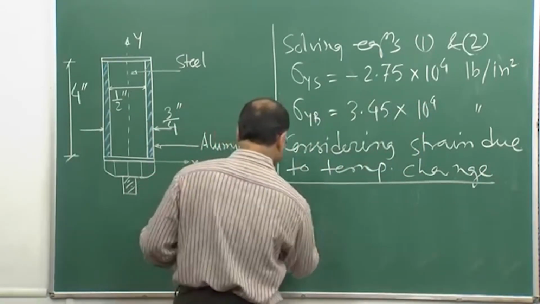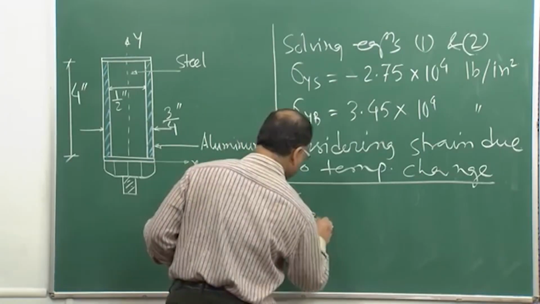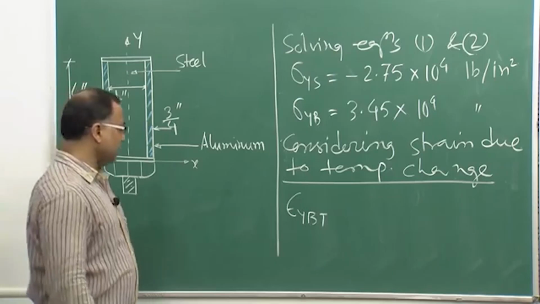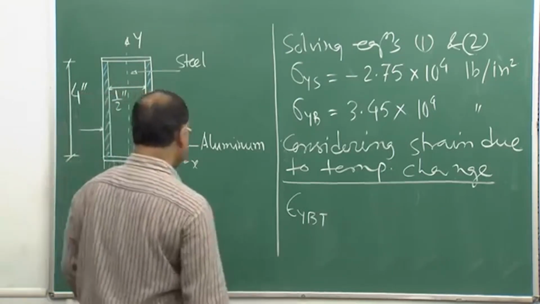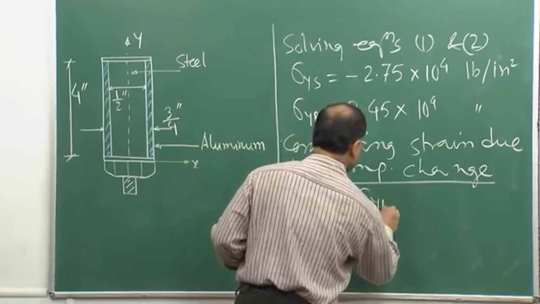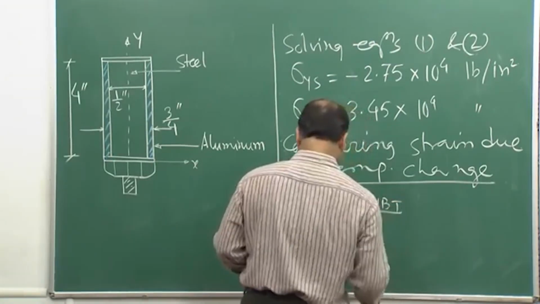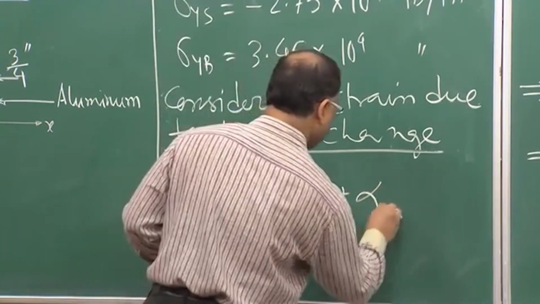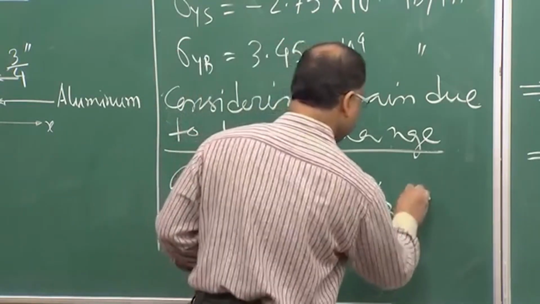For that, epsilon y b t, where T stands for temperature, is equal to sigma y b t by E b plus alpha b delta t.